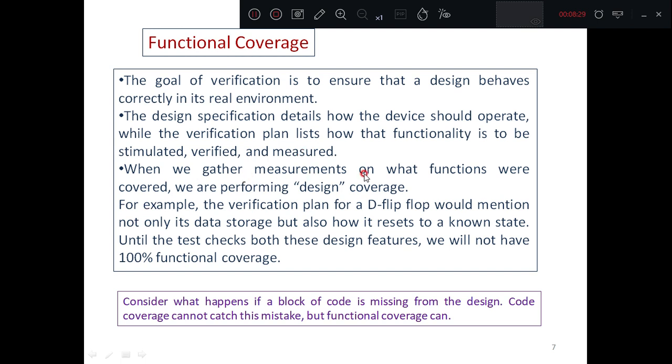When we gather measurements on what functions were covered, we are performing functional coverage. See, in the example of the D flip-flop which we saw in the previous slide, the verification plan would mention not only its data storage but also how it resets to a known state. Until the test checks both these design features, we will not have 100% functional coverage.